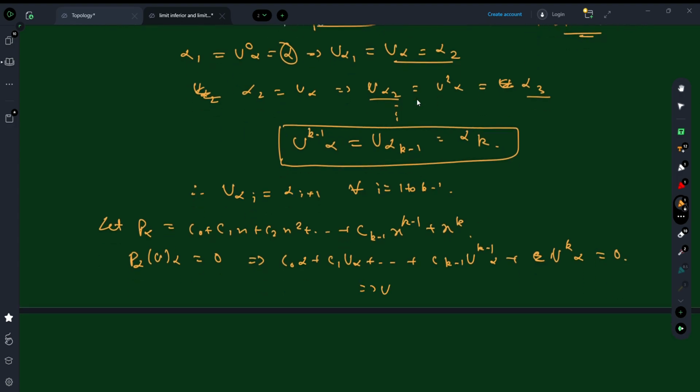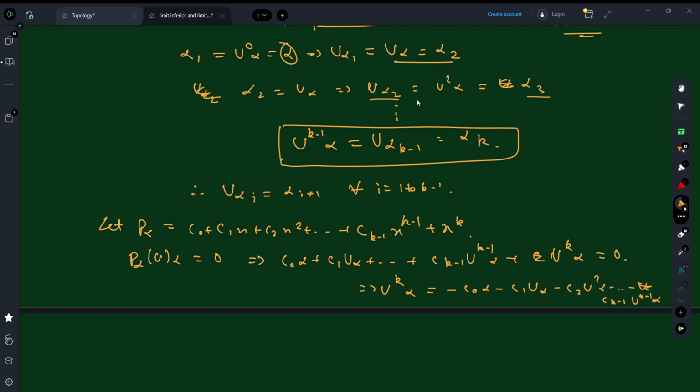But then U to the power k alpha can be written as minus c0 alpha minus c1 U alpha minus c2 U square alpha and so on till minus c k minus 1 U to the power k minus 1 alpha, right?